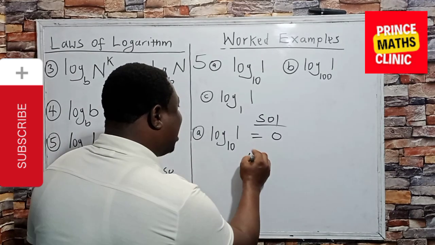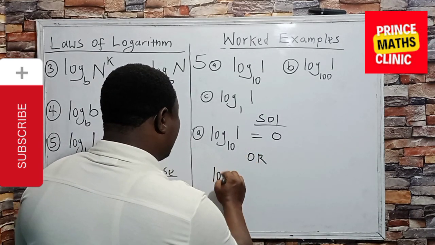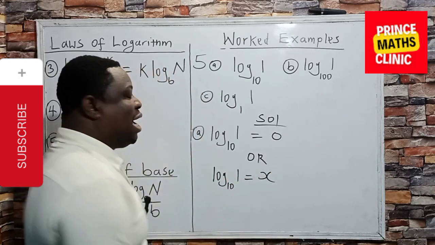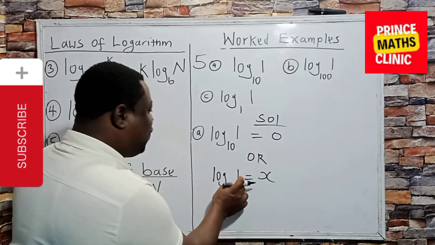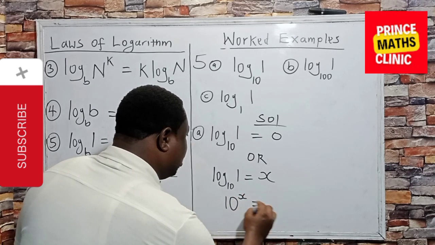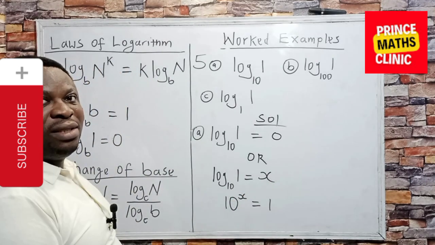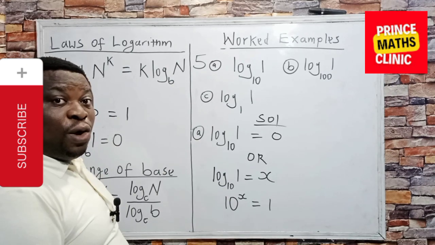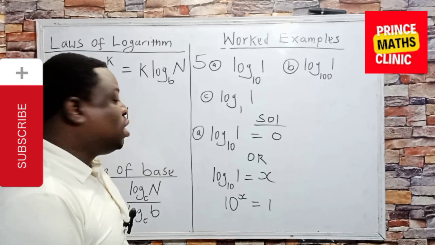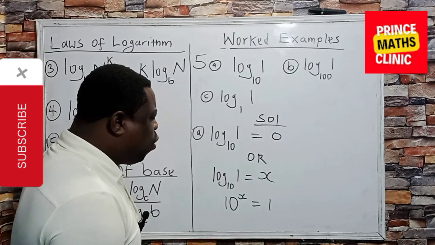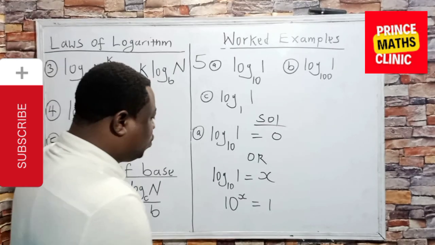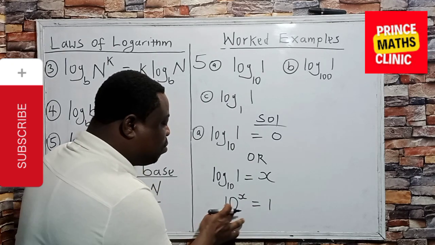Or another method you can use to do this, you can say let log 1 base 10 equal an unknown, call that unknown x. Therefore, you can now say 10 to the power of x is equal to what? 1, right? Is it not so? Good. Then the other thing you can do here is, because the bases must be the same, to ask what will you do to make this place 1 if the base must be 10?